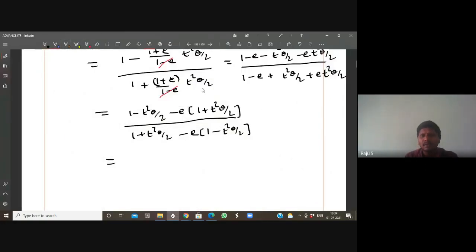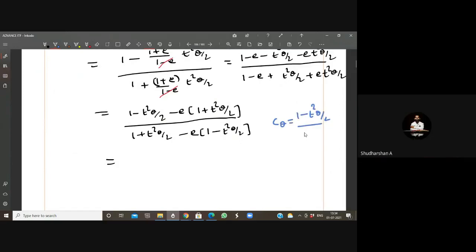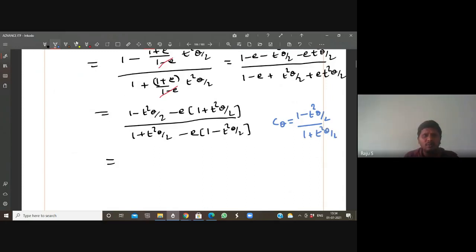Anyone? Cos theta is 1 minus tan square theta by 2 by 1 plus tan square theta by 2. Okay, what in the numerator? Here it is 1 minus t square, and we required 1 plus t square in the denominator, am I right, to write cos theta.